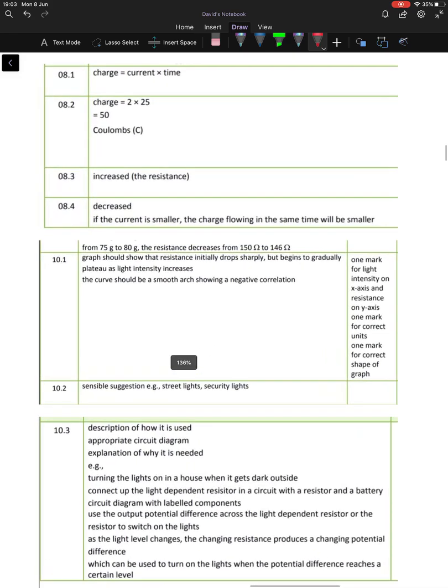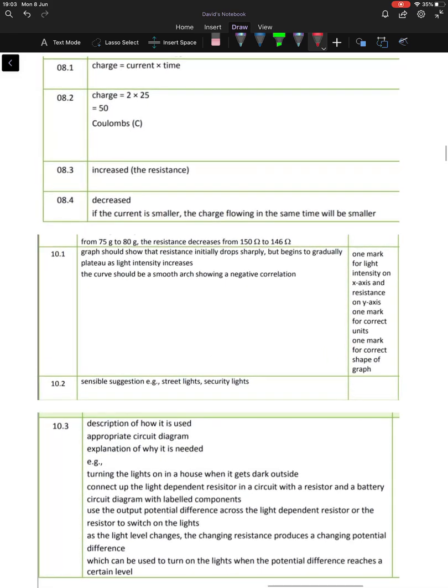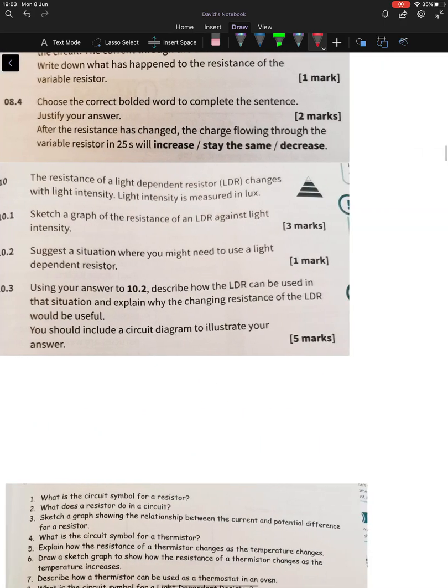Oh, no, wrong one, sorry. Answers are over here even. So these are your answers for these questions. Mark them as you see fit, please. Again, if there's any questions in there you're not sure of, you don't understand why that's the answer, make a note of them, put them in an email to your teacher.